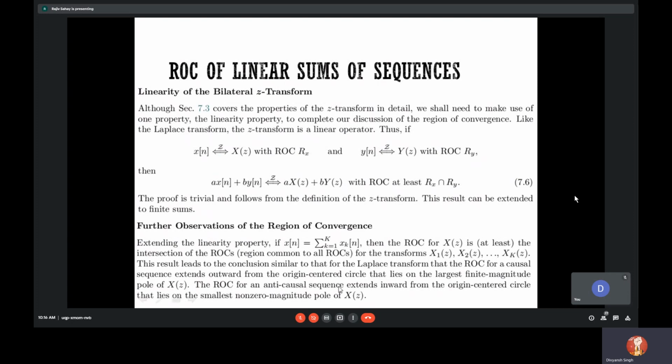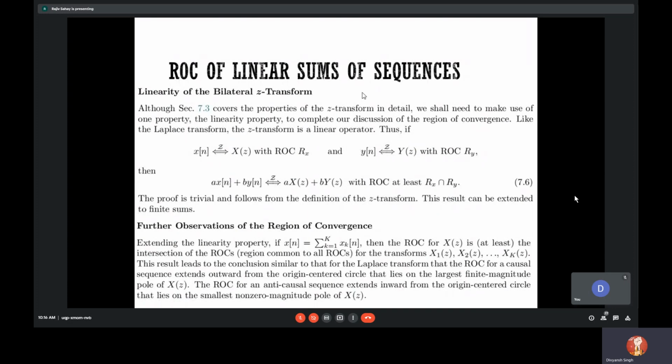Similarly, for an anti-causal sequence, you will have the intersection ROC which will lie on the smallest non-zero magnitude pole of x of z, and it will extend inwards from that.